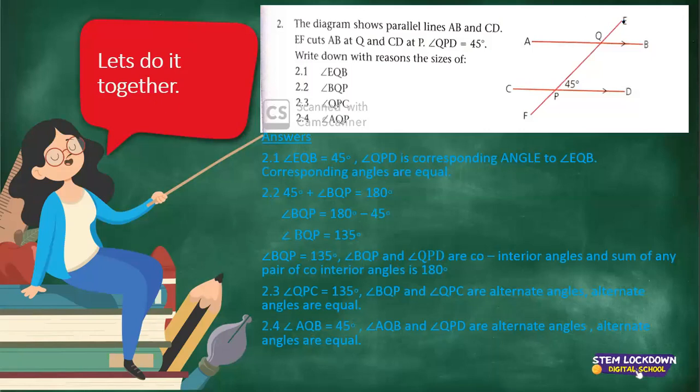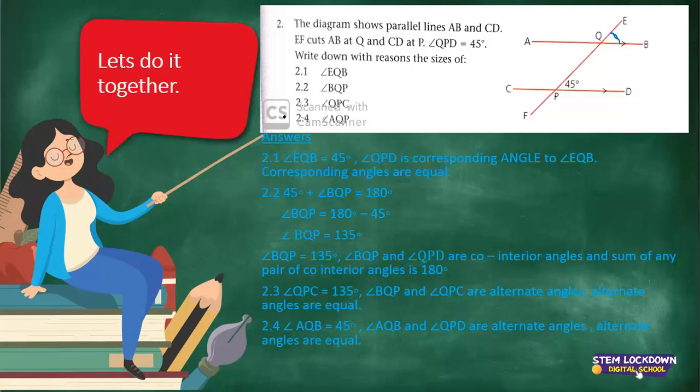Here's our EQB, which forms an angle right here. We don't have any value or size. We don't know the size of EQB. We don't know the degree for EQB. So what must we do? How do you find the value for EQB?